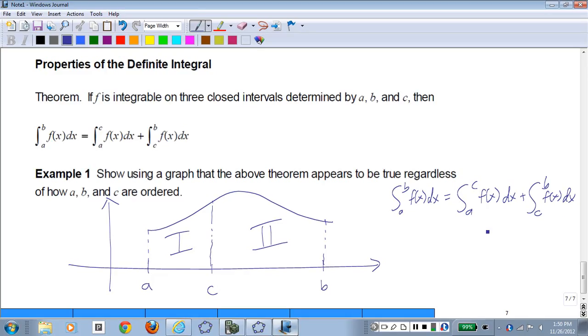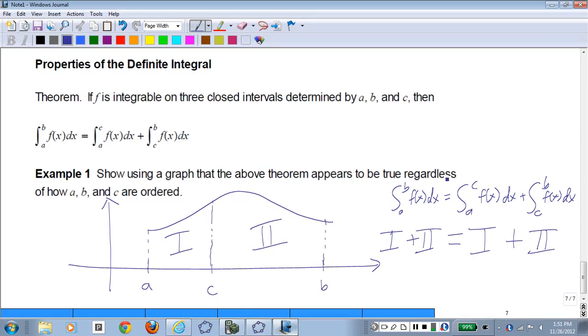What area is represented by the integral from a to c of f of x dx? This is region 1. And the integral from c to b, that's got to be region 2. And the integral from a to b is the sum of those two areas, so that would be 1 plus 2. So it seems to work nicely in that case.